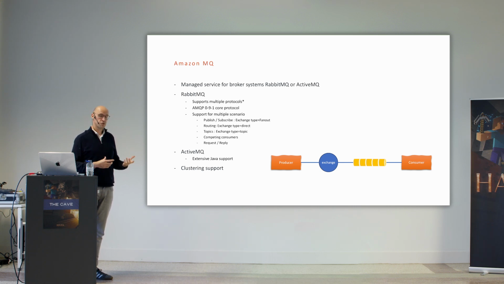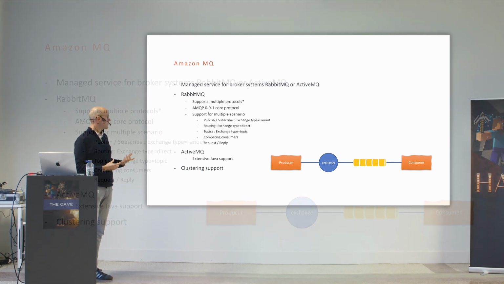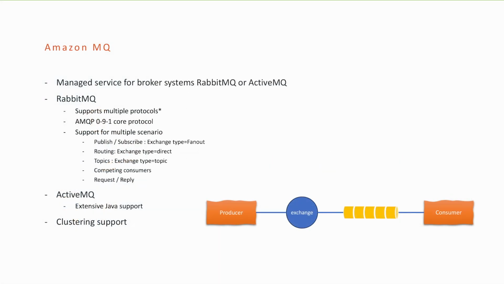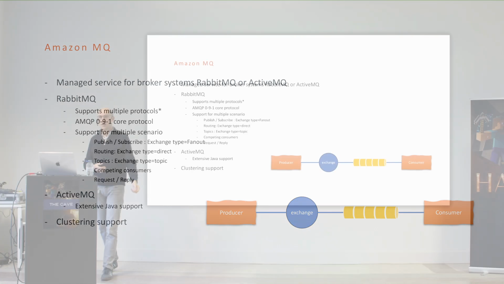It can support Stomp, for example. But most of the time it's running on AMQP, where you have multiple scenarios available. For example, you can do the publish-subscribe mechanism, you can have routing, but you can also have request-reply style of message sending.